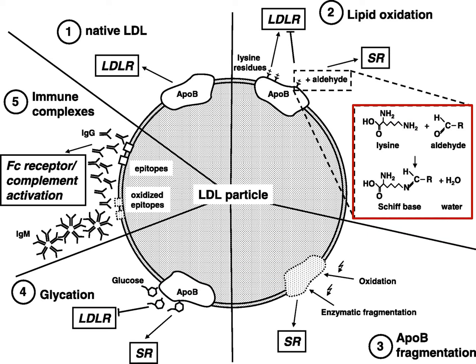As you can see up in the top right hand side, in number 2, you see lipid oxidation, and then you go down and you'll notice it says aldehyde there right below the 2. And then I've kind of highlighted the idea that you take a lysine plus the aldehyde, and then you create this Schiff's base.